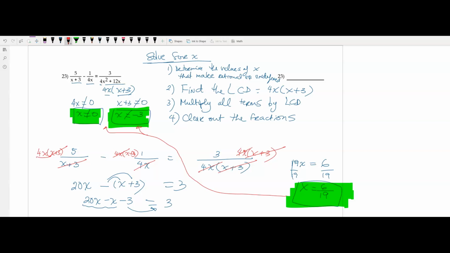Because it doesn't, then you can say now that the solution is {6/19}. Okay, so that's one of the things. When you find what the x value is, you need to come back to the start, where you determined what x cannot be equal to, and make sure that it's not equal to those.